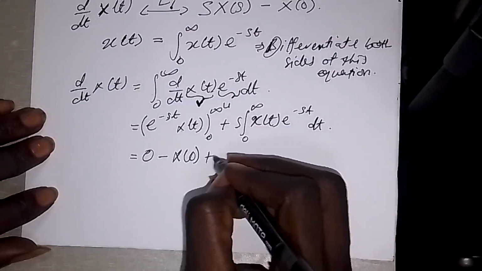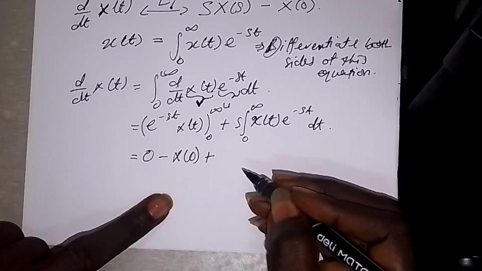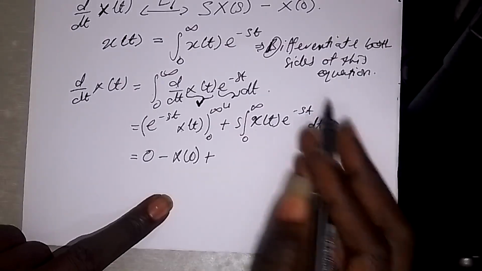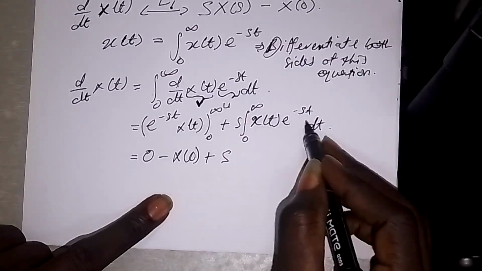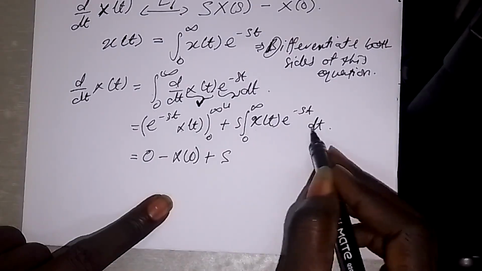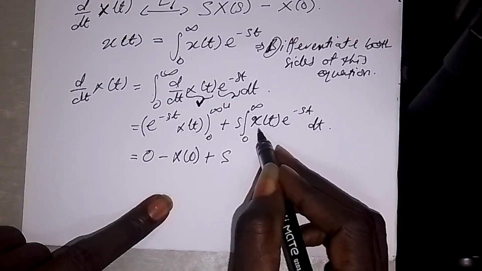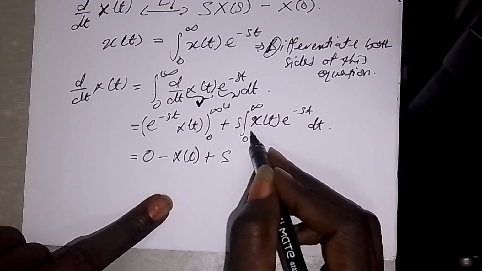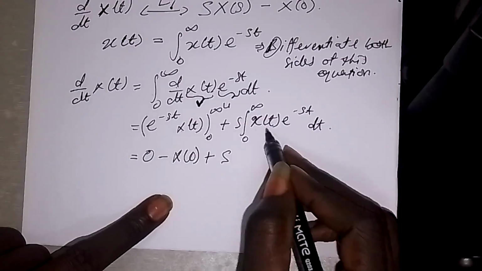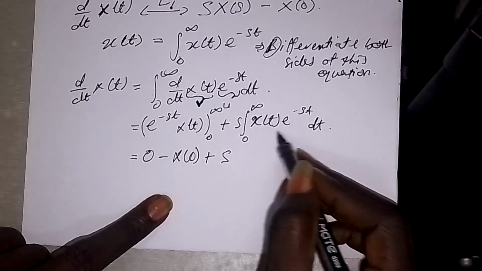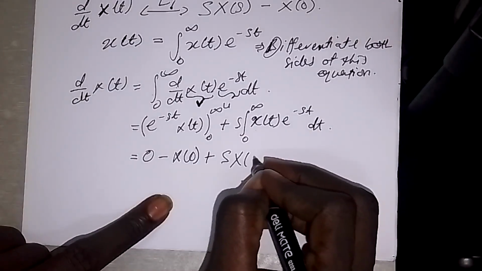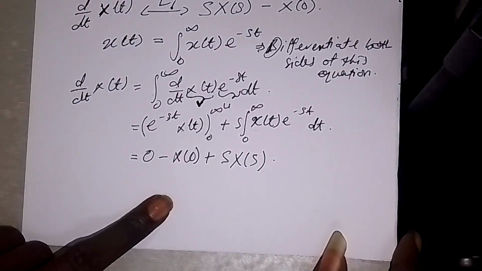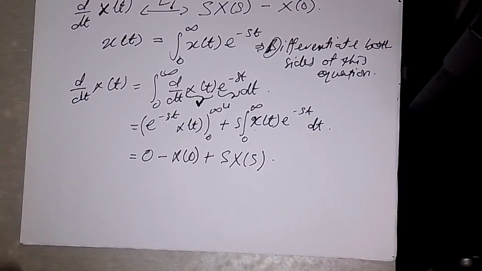Plus this place. Basically, I have s, and if you check this well, it is equal to x of s, because it's the Laplace transform of x of t, which is x of s.